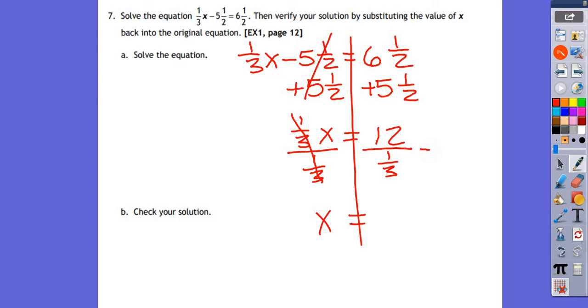You're not supposed to divide by fractions. We multiply by the reciprocal, which means this is 12 times, what's the reciprocal of 3? 3 over 1, which is just 3. Oh, so that turned out to be kind of a nice problem. What is 12 times 3? 36.